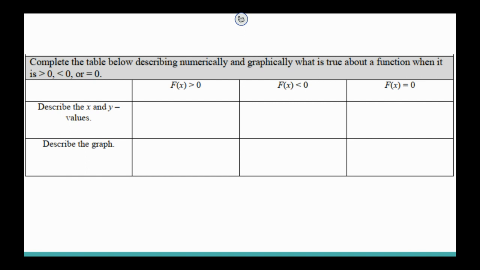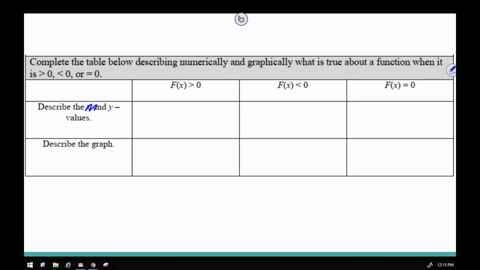Okay, so just like last time, we're going to complete the table describing numerically and graphically what's true about a function when it's greater than 0, less than 0, equal to 0. Although it says describe the x and y values, we're just going to describe the y values. So what do your y values look like when f of x is greater than 0?